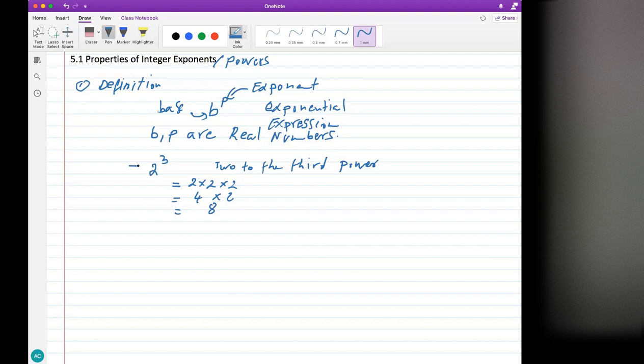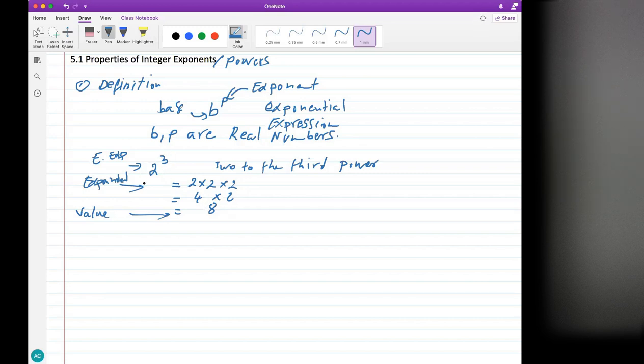So this is the exponential expression. This is what we call the expanded form. And finally, this is the value that you get by multiplying these. All these numbers are pretty much the same.